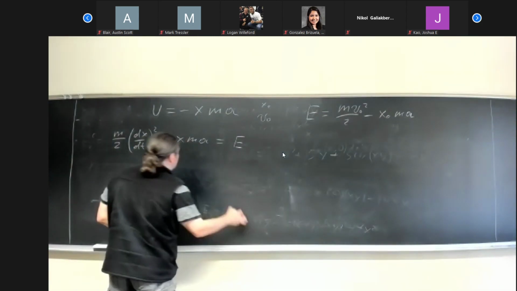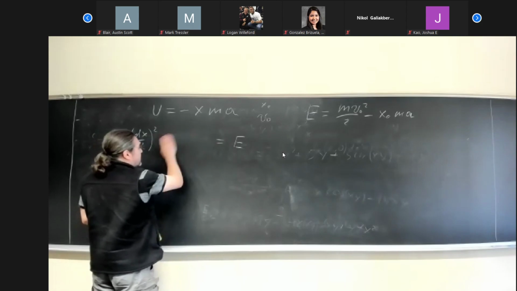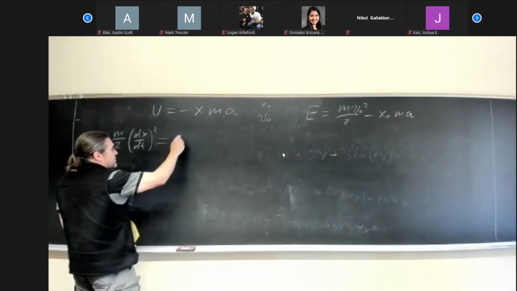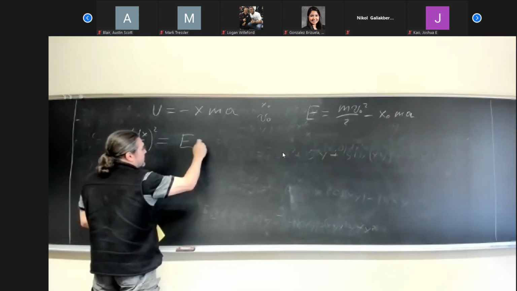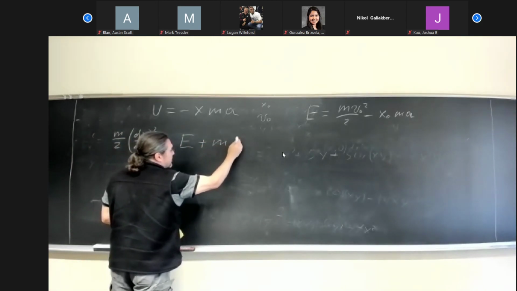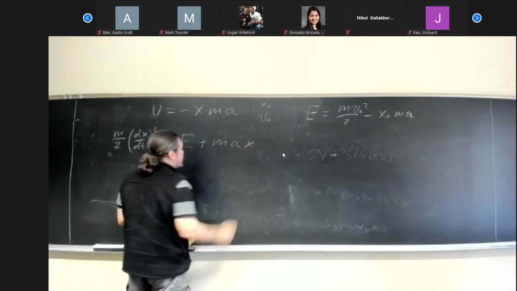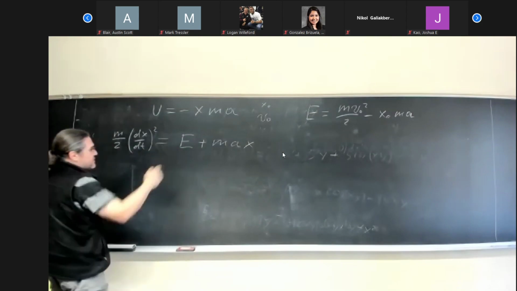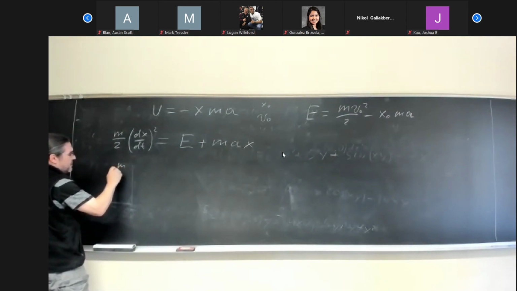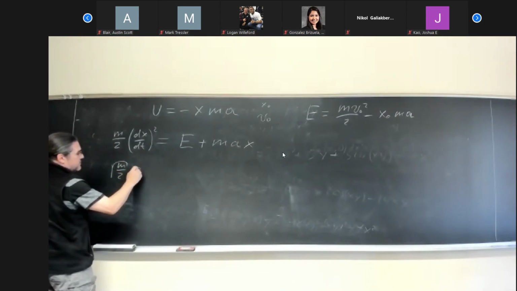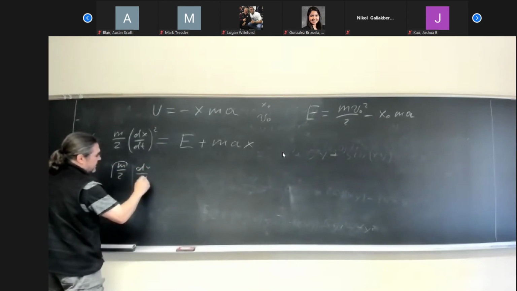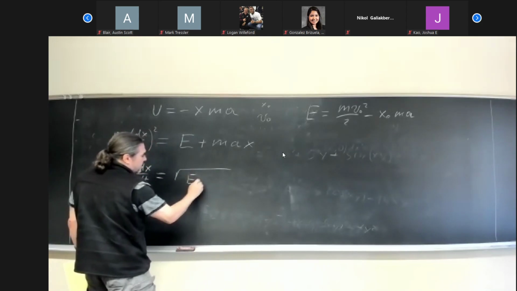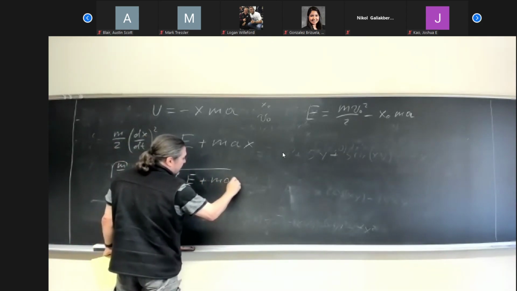So what I do after that, let me do the blackboard tricks here. I first move my potential energy to the right-hand side, m a x, and then I just take the square root of this, and I have square root of m over 2 times dx over dt equals square root of E plus m a x.